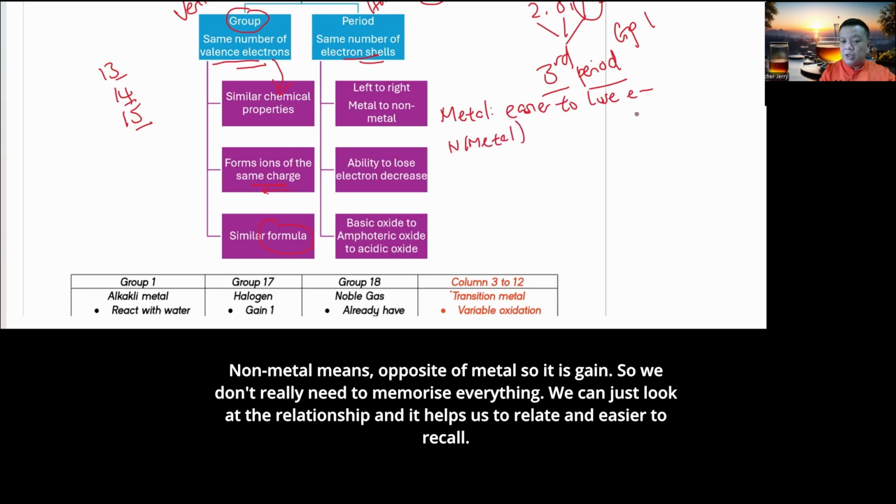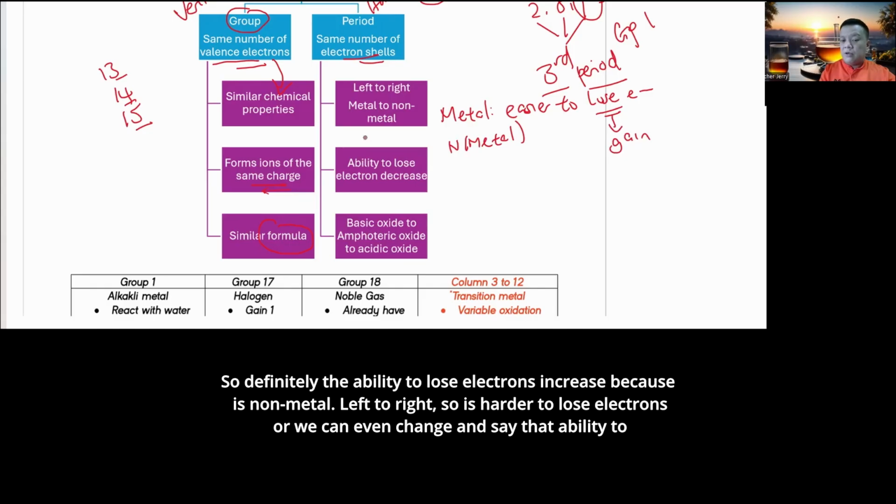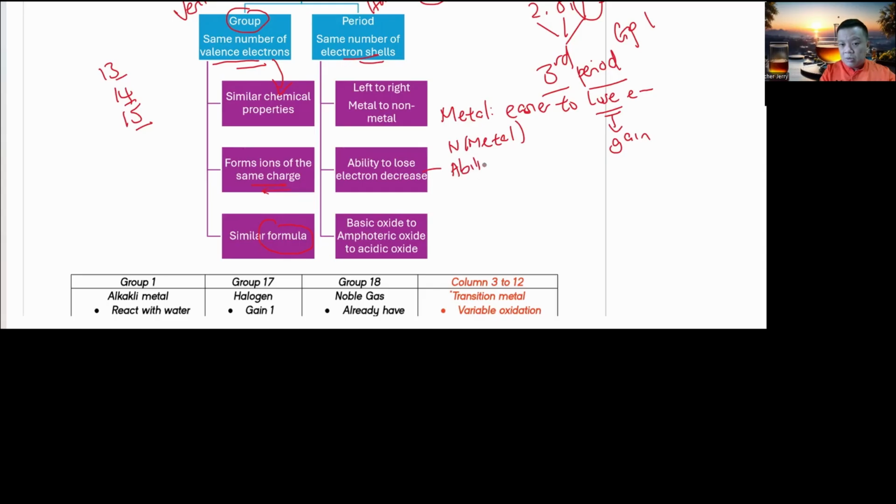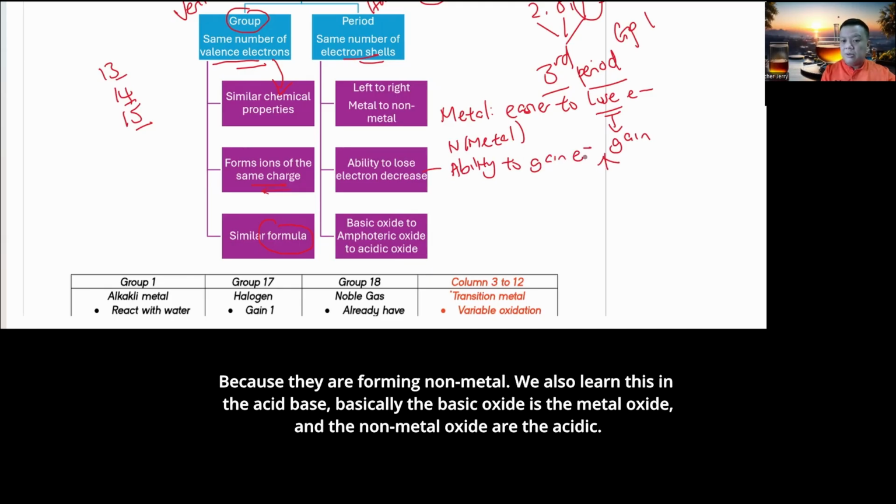We can just look at the relationship, and it helps us to relate and recall more easily. So definitely the ability to lose electrons decreases left to right because it becomes non-metal, so it's harder to lose electrons. Or we can say that the ability to gain electrons increases, because you are forming non-metals.